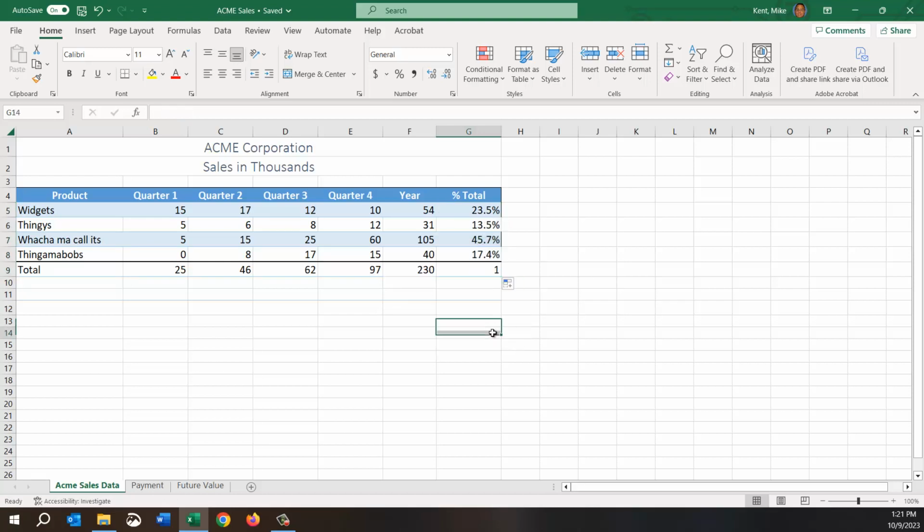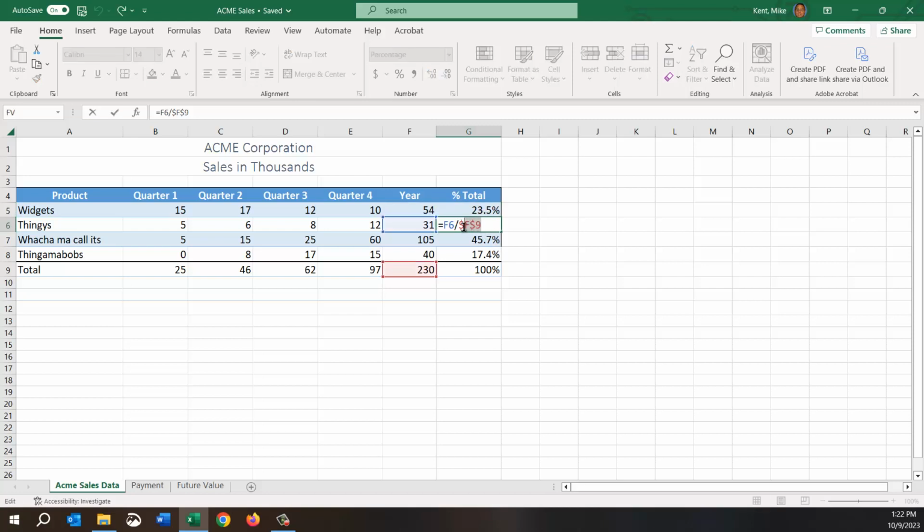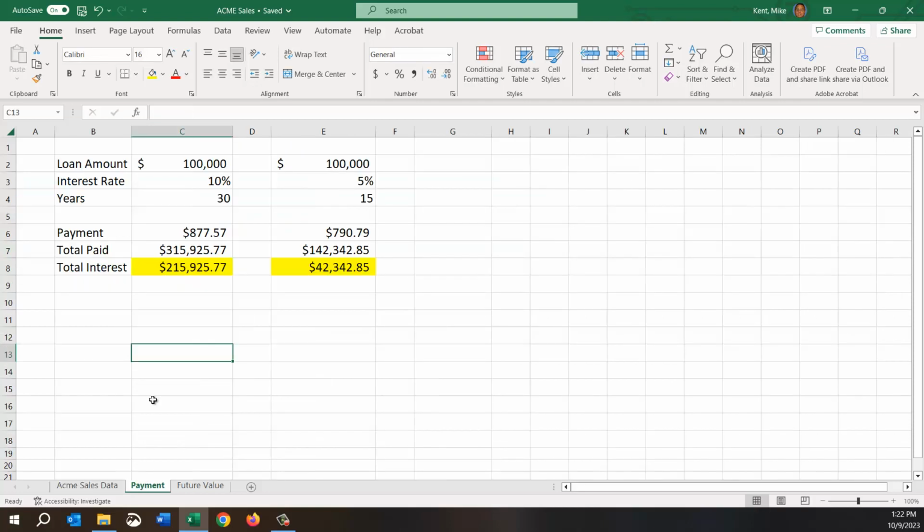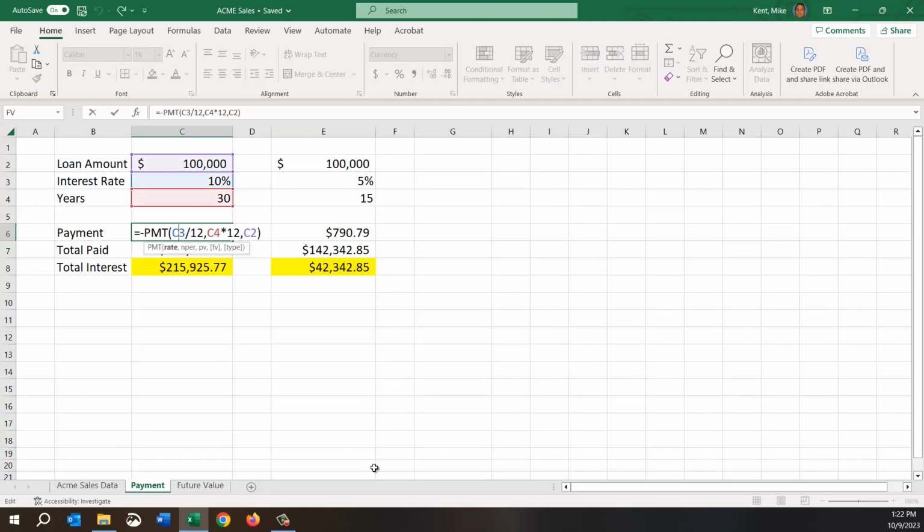And there we go. Oops, let's make that percentage format. And we can see that when we copy this formula down, F9, which is the total for all my products, never changes. So this is an absolute reference. This is a relative reference. That's one thing they talk about in the chapter. The other thing they talk about in the chapter is the payment function.